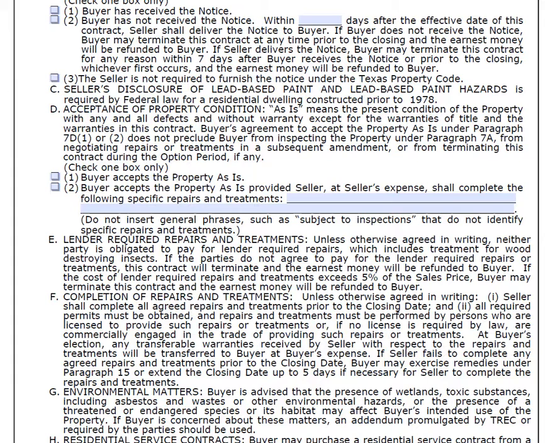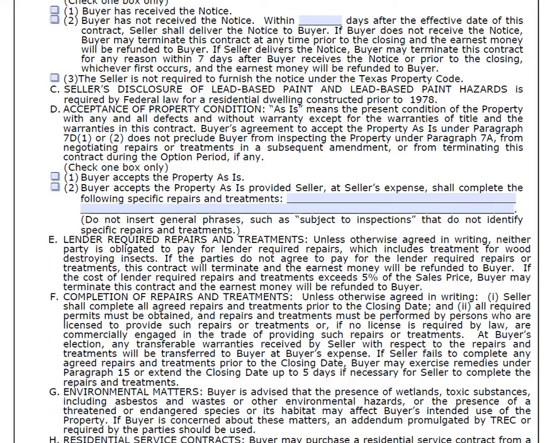If, on the other hand, there are lender required repairs that are costly, their expense is greater than 5% of the sales price, even if the seller agrees to fix them, that large of a repair would allow the buyer to terminate and take their earnest money with them. So even if your seller says, oh no, I'll fix it, if it's a large repair costing over 5% of the sales price, the buyer can choose not to continue on and purchase the home.